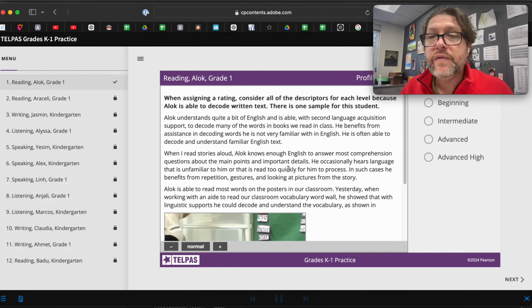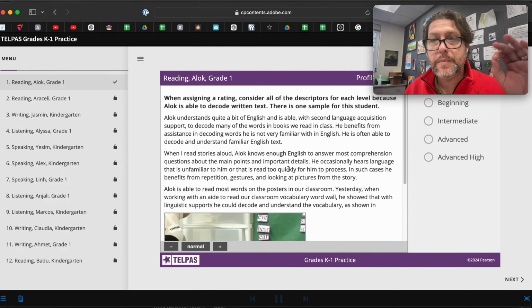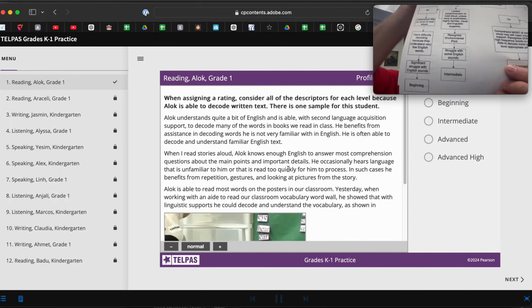Now, how do you know if it's advanced or if it's advanced high? If you see things like comprehend most, still needs some support, pauses, there's some errors. If there's still some things they're not quite getting, that's going to put you on the advanced track.